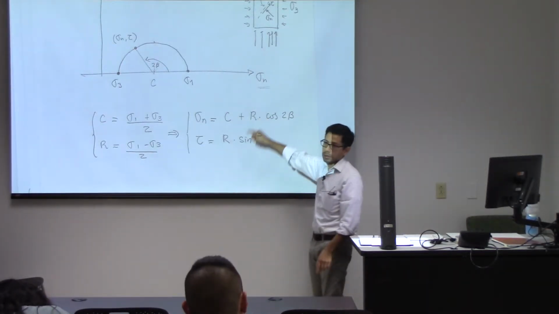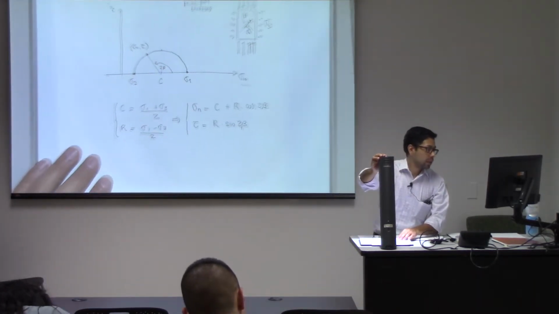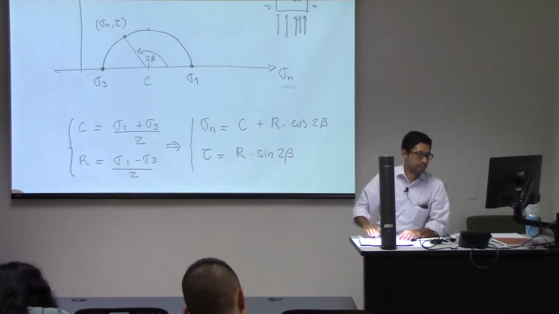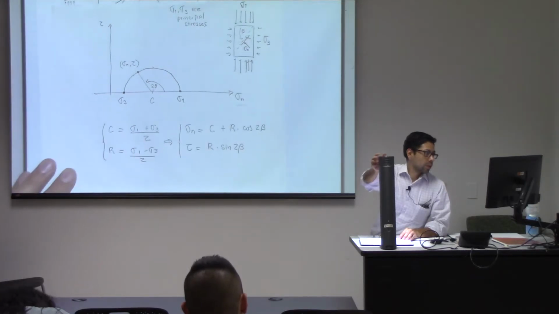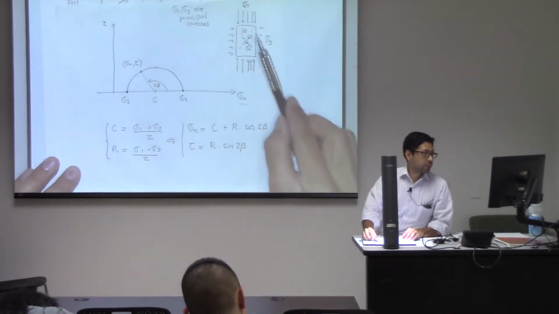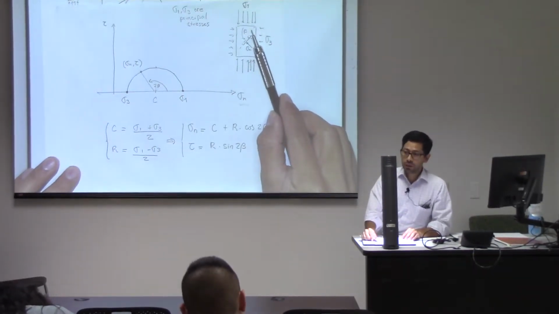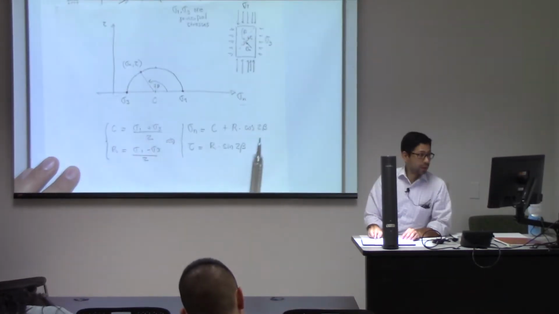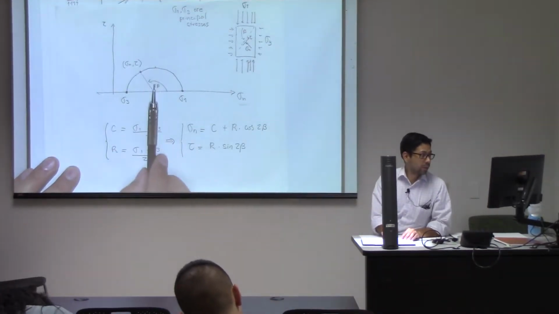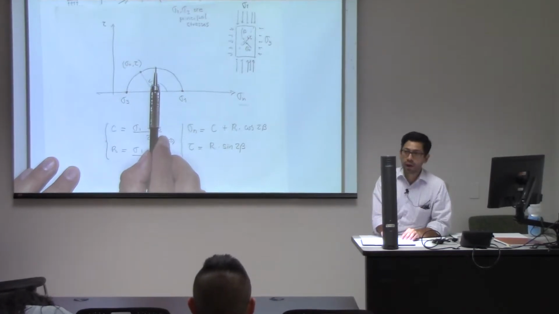So this cosine, imagine for a moment that beta is equal to 45 degrees. So if beta is equal to 45 degrees, then this line will be pointing exactly up there, right?